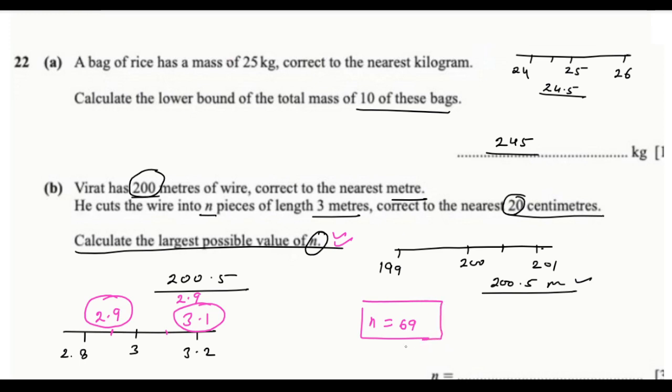When my wire is of 200 meter and I'm cutting each piece of 3 meter, to get n as the largest, instead of 3 meter, actually I'm cutting 2.9 meter, and that wire itself I will consider to be of 200.5 meters of length.